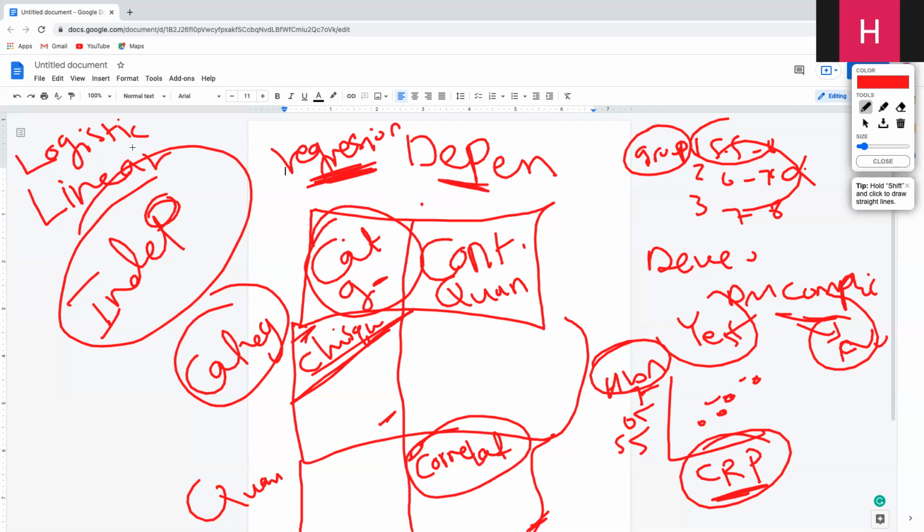In the logistic, it doesn't matter what the exposure is, but it matters that the outcome is a category. So logistic, you will find it here, and you will find it here, as a categorical independent variable or as a quantitative independent variable. But the outcome has to be categorical.